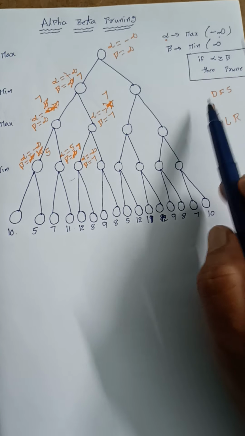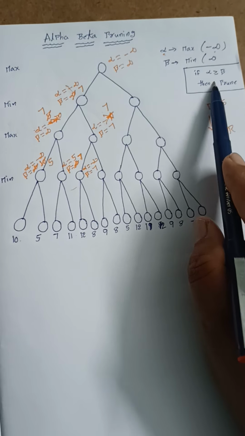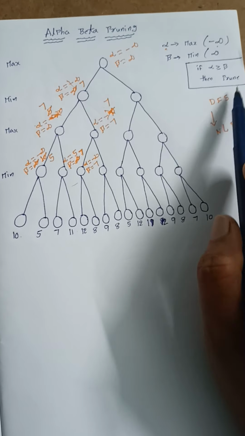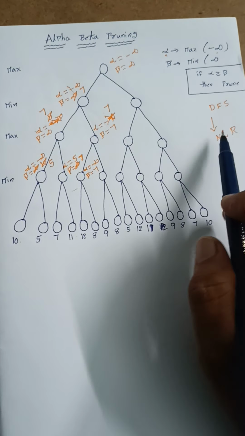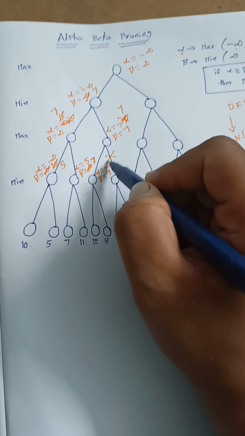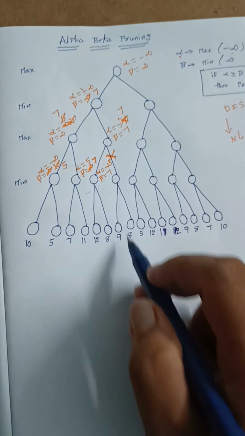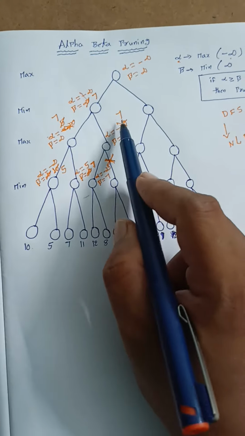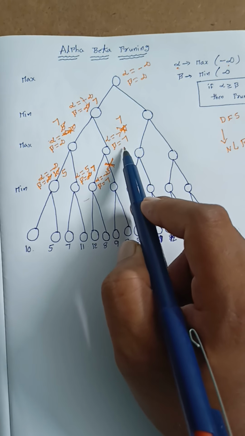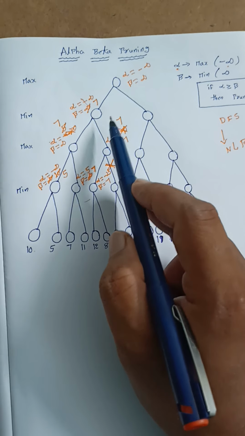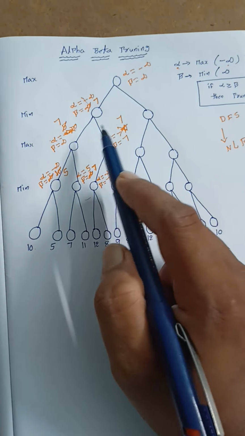Please observe the condition: if alpha is greater than or equal to beta, then we apply the prune. That means we will stop here. We will not search this right child because alpha is equal to 7 and beta is equal to 7. That's why we stop here.